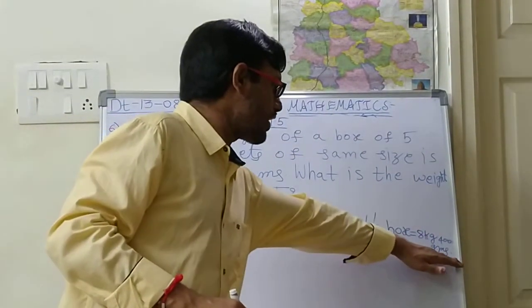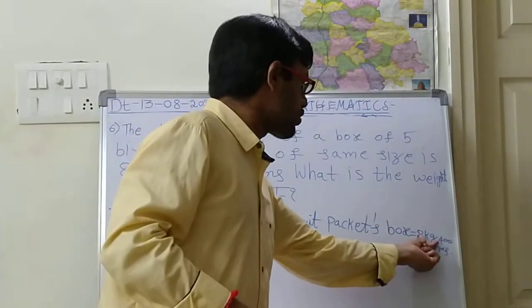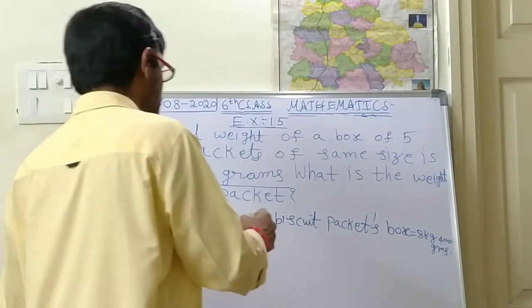Now you have to change this 8 kg 400 grams into grams, because if you change into grams only, you will be able to solve this problem very easily.